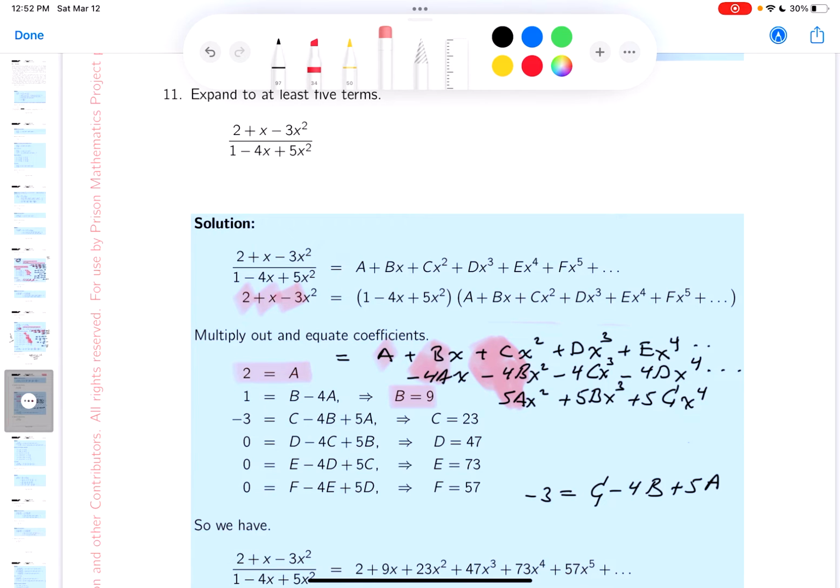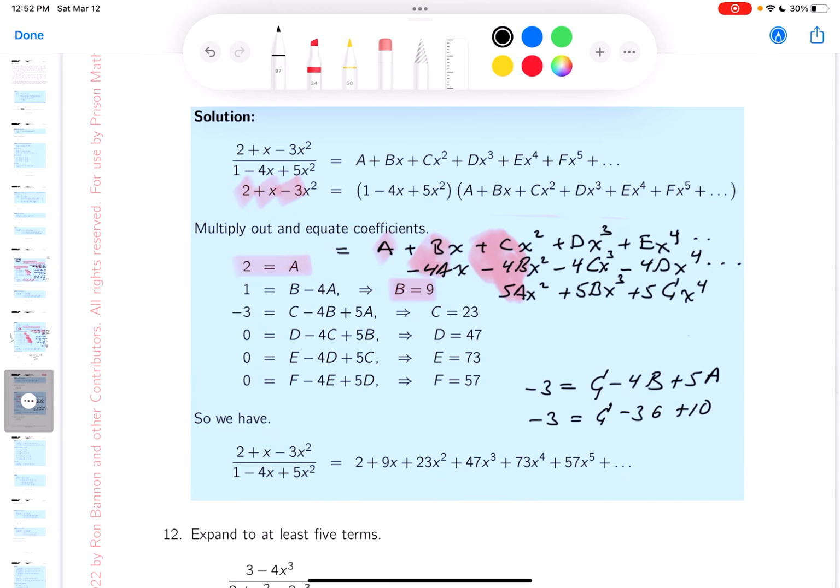All right, we got to get that c now, right? Let's write this down. Minus 3. I don't know c, though, do I? Do you know b? B is 9. That's minus 36. Do you know the a? The a is 2. 10. All right? Well, a little bit of work. Not much work, though. Minus 3 equals c minus 26. I'm going to add 26 to both sides, and you get 23.